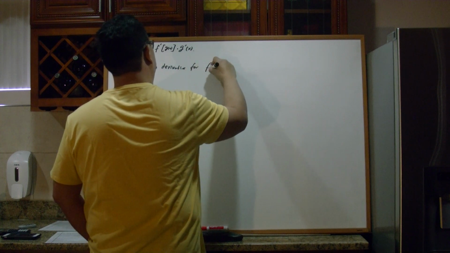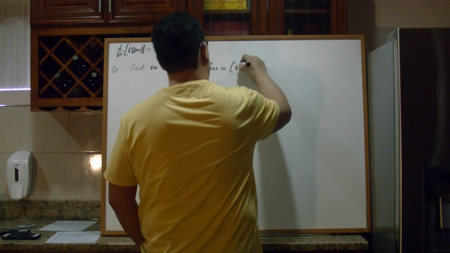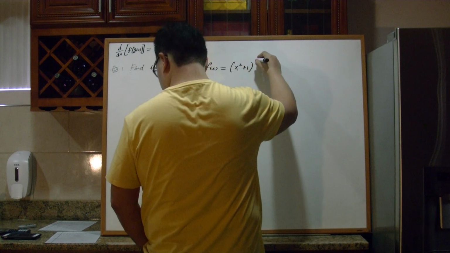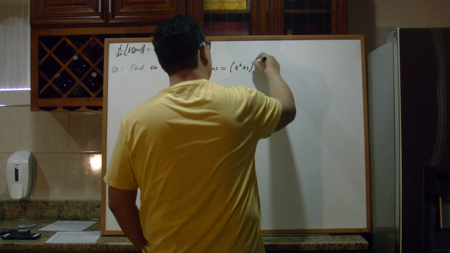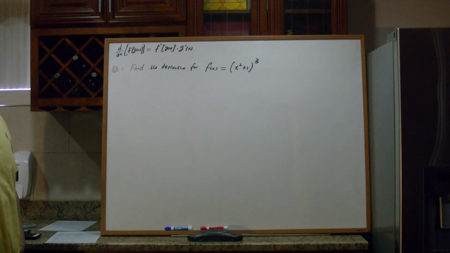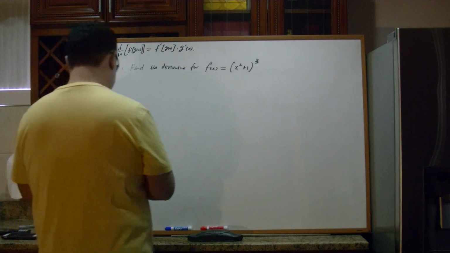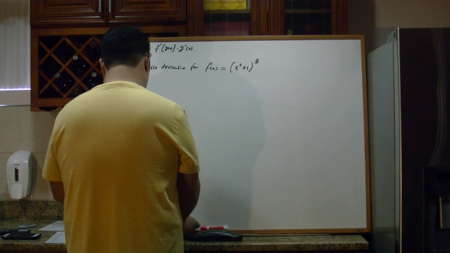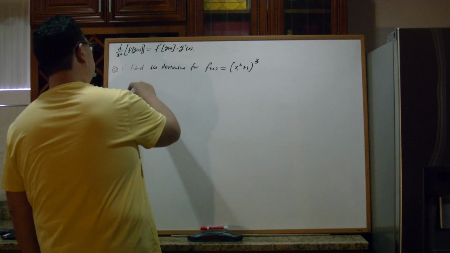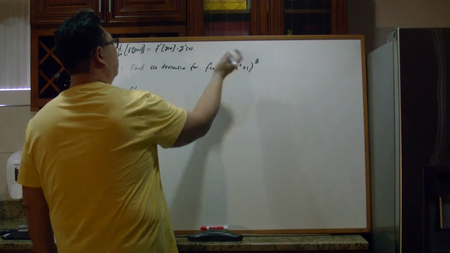For f of x equals x squared plus 1 to the third power. Of course, you can expand that, but not necessary. So to find the derivative of that, what we can do is f prime of x, apply the chain rule first, I mean the power rule.